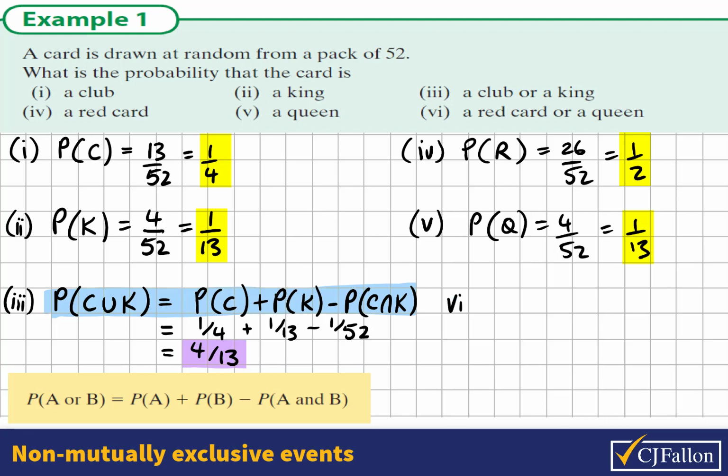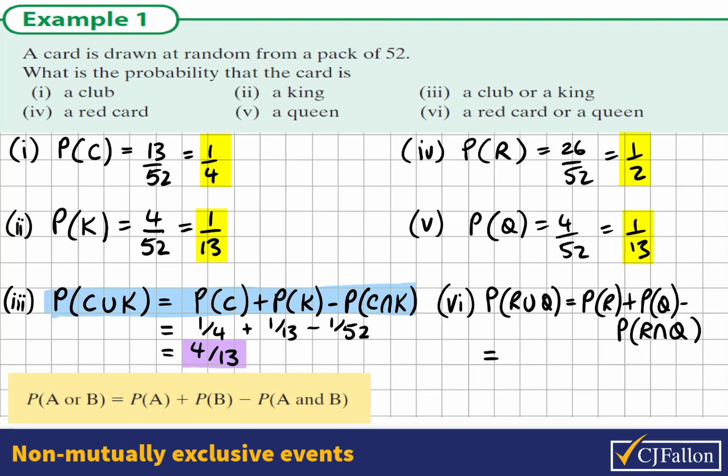So again, this is the same type of question we had a second ago. The probability of being red or a queen is equal to the probability of it being red added to the probability of being a queen, take away the probability of it being both red and a queen. Okay, so again, you could do a Venn diagram if you wish to solve this.